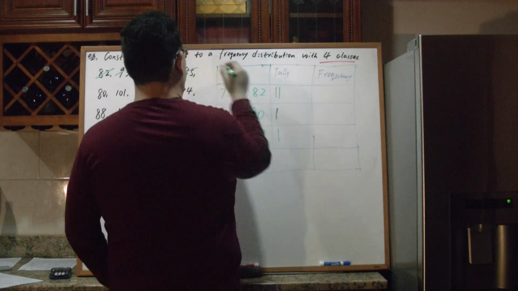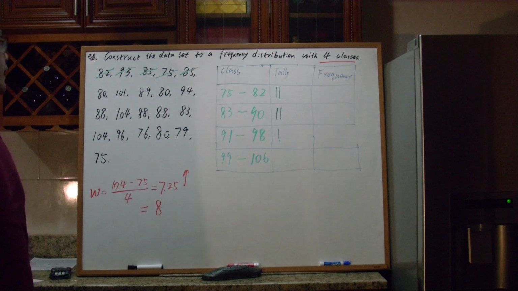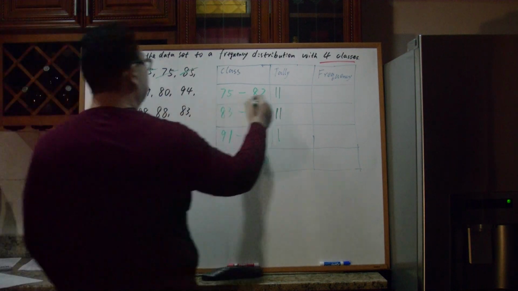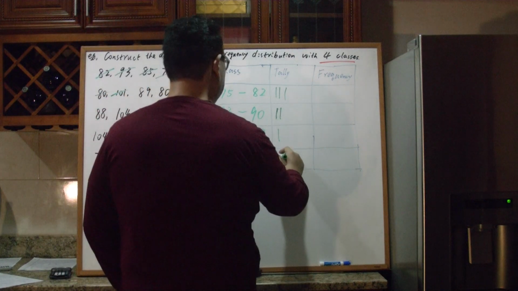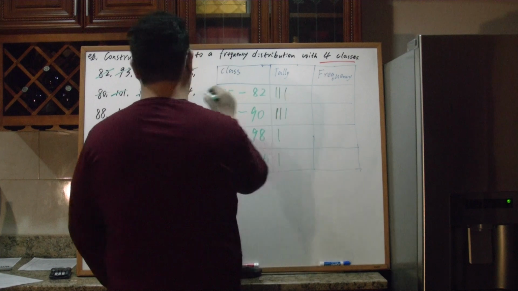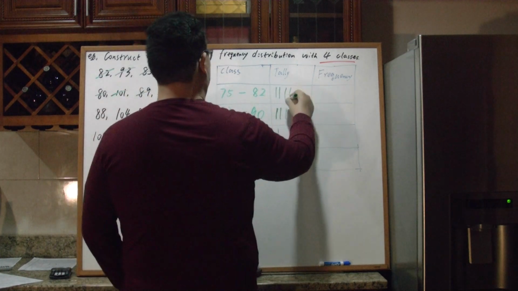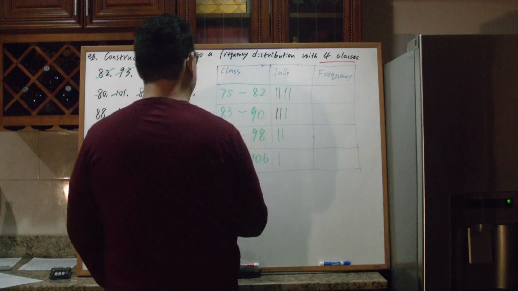75, 85. That's 5 data done. Then 80, 101 is in the last class, 89 is in the second class, 80 is in the first one, and 94, right, 94 is in the third one.